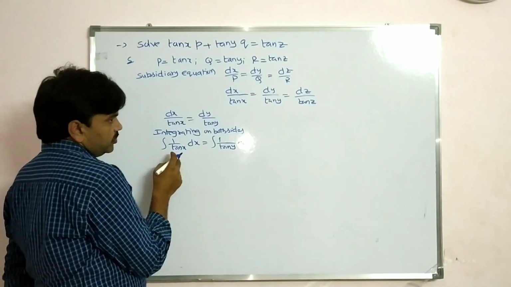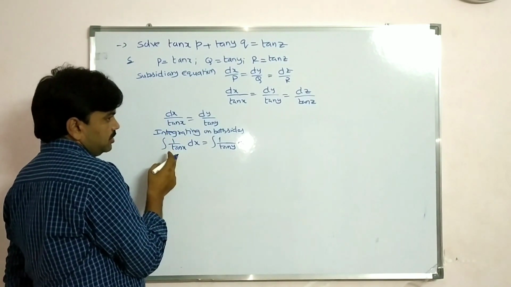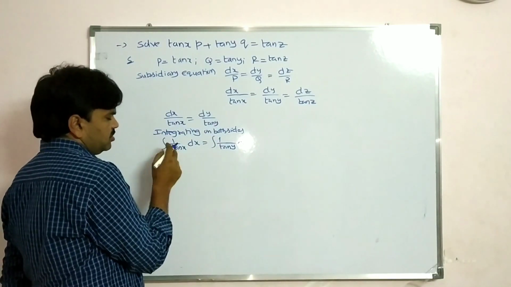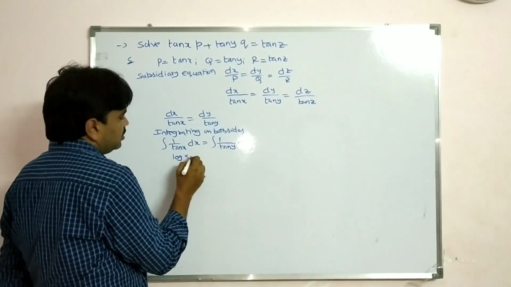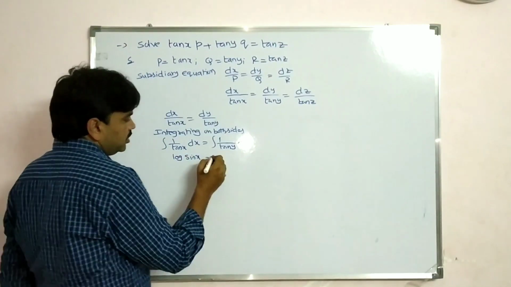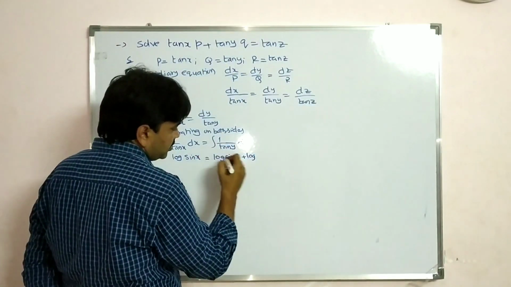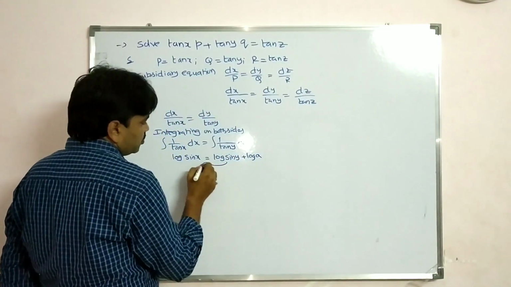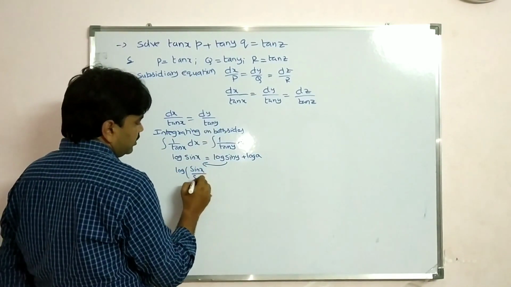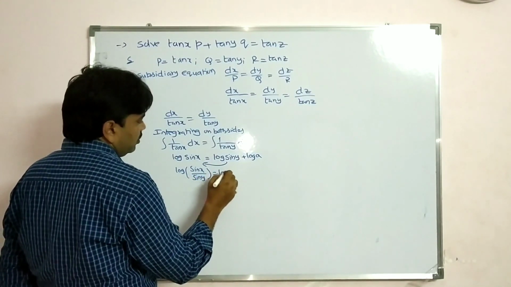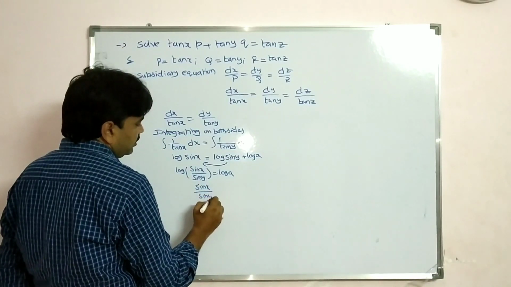Here tan x means sin x by cos x, so we get cos x by sin x. The derivative of sin x is cos x, so we have log of modulus sin x; there is no need to write the modulus, just write log sin x. So that is equal to log sin y plus log a. To transpose, we get log of sin x by sin y is equal to log a. Then we get sin x by sin y is equal to a.